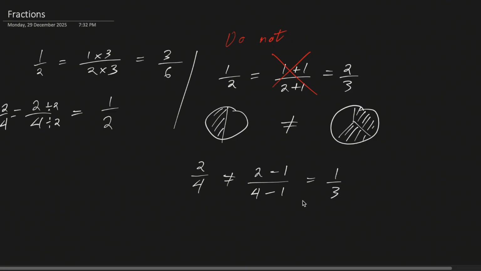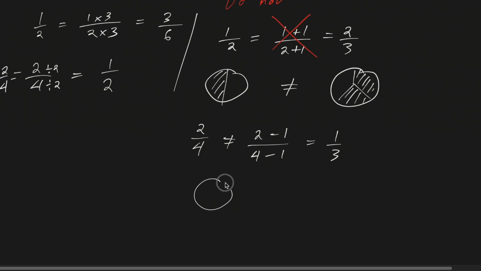This is saying that 2/4 of a cake is equal to 1/3 of the cake. But again, these areas are not the same. So you can't do this mathematically.